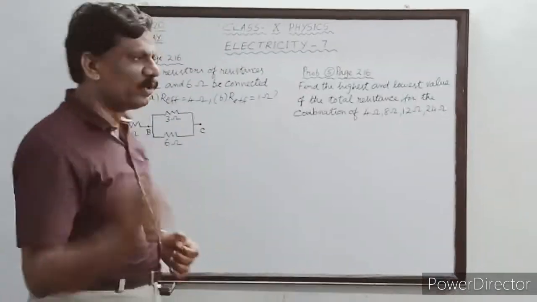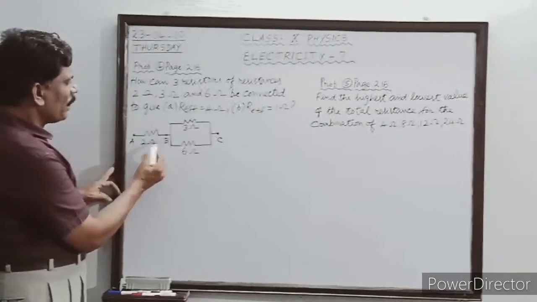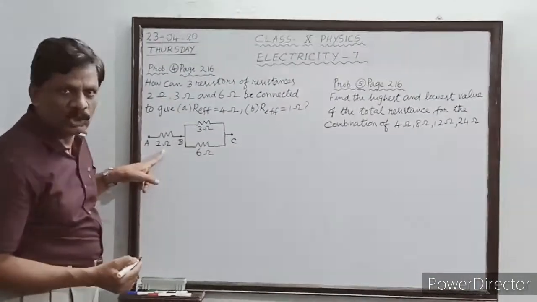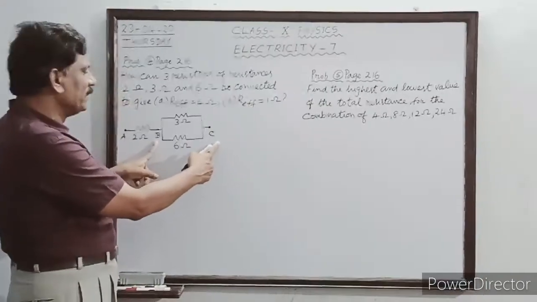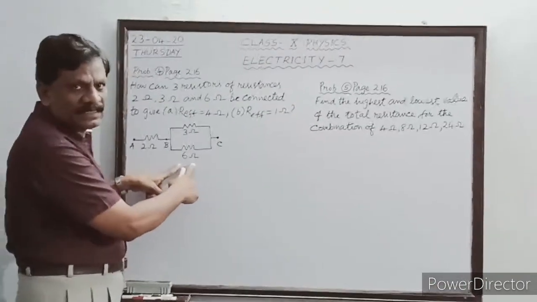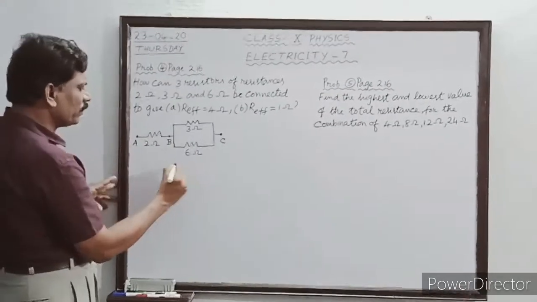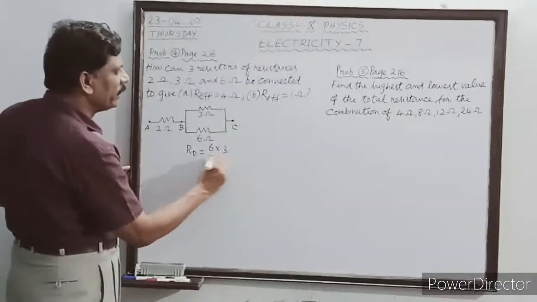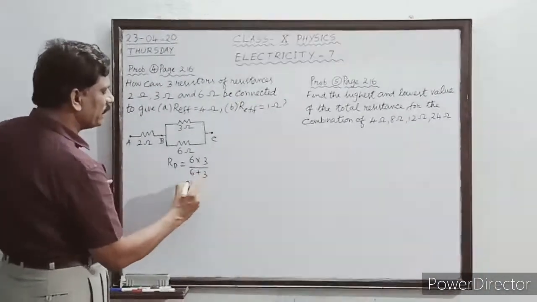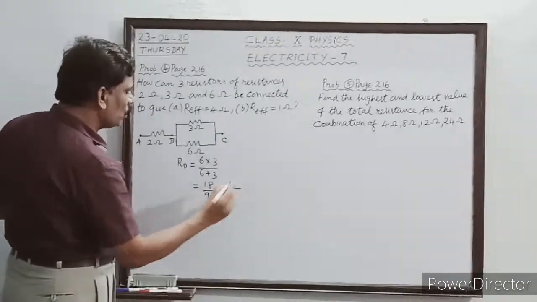Good. Now you look at the circuit diagram. Now the resistance between A and B is 2 ohm. And the resistance between B and C is a parallel combination of 3 ohm and 6 ohm. So R parallel is equal to 6 into 3 divided by 6 plus 3. So this is equal to 18 by 9, that is equal to 2 ohm.